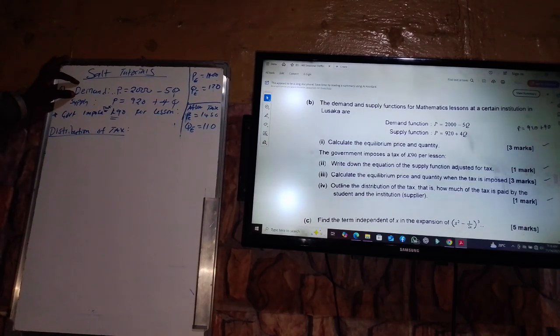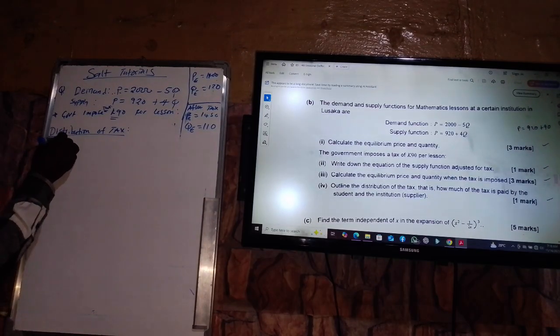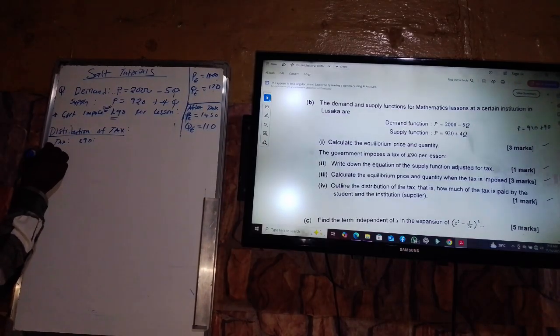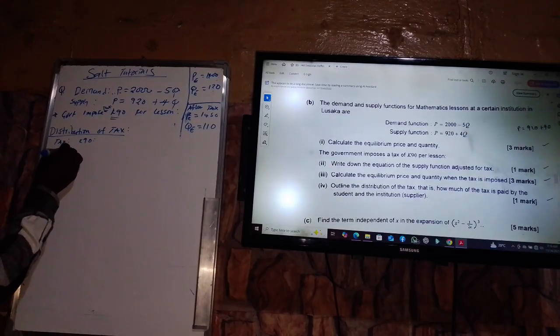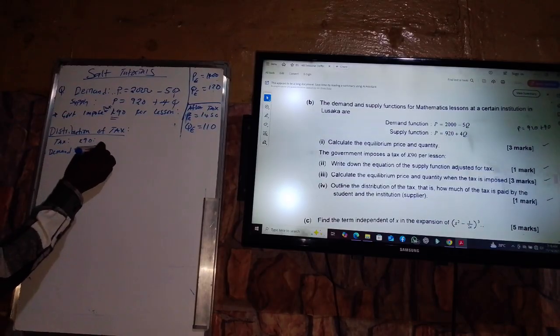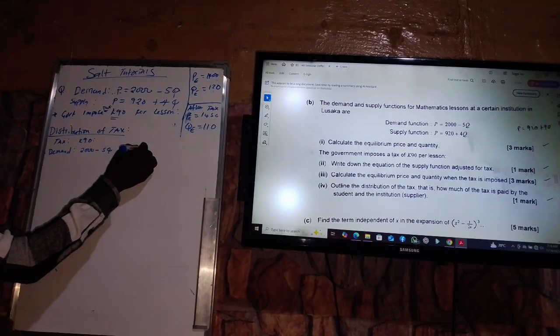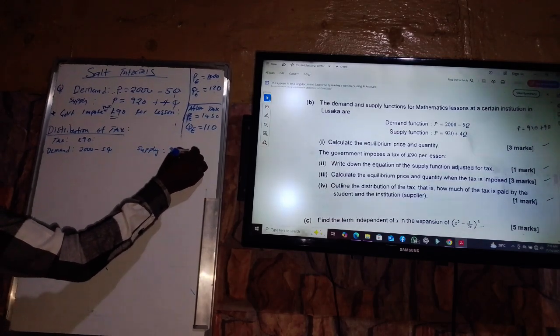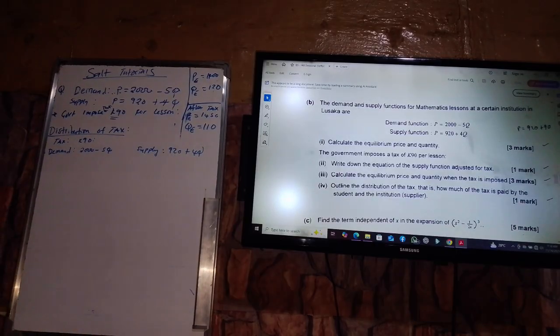The supplier's part, the producers, is explained by the supply function. If you want to look at the distribution of tax, remember the tax imposed here was 90 kwacha. The demand function was 2000 minus 5Q. The supply was 920 plus 4Q. That's what we have there.